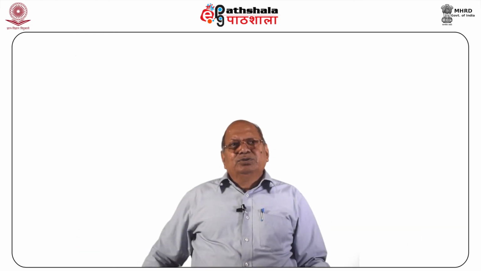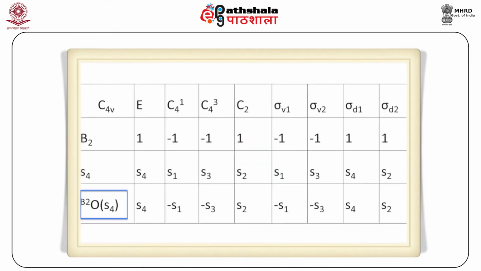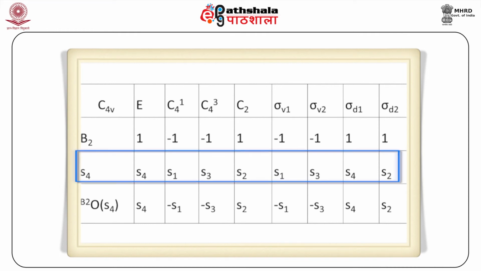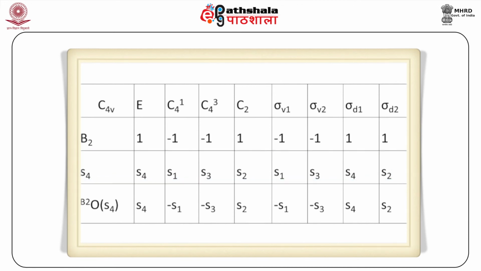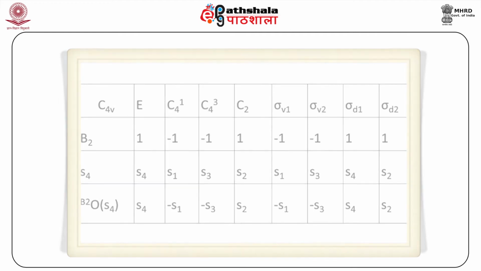Now, if we make use of B2O S4 and we again find out how S4 transforms, that is given in the row against S4, that is S4, S1, S3, S2, S1, S3, S4, S2 like this, and also in the row against B2O S4 I am having how S4 transforms.